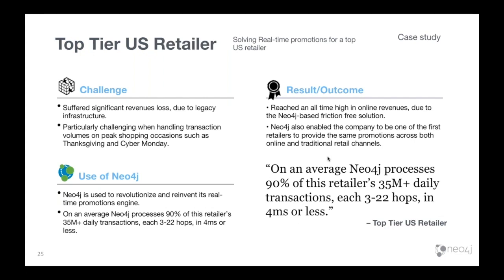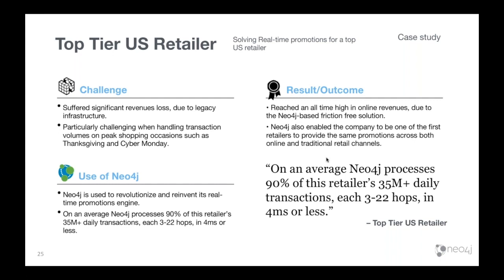Then there's another top tier US retailer who moved to Neo4j to really power its real-time promotions engine, right? And it does this across channels, so both online and retail in sync, like I was talking about before. And really, they found Neo4j was the only way to be able to do this, right? You can see here, they have more than 35 million daily transactions.